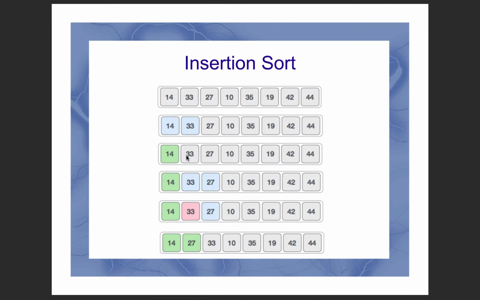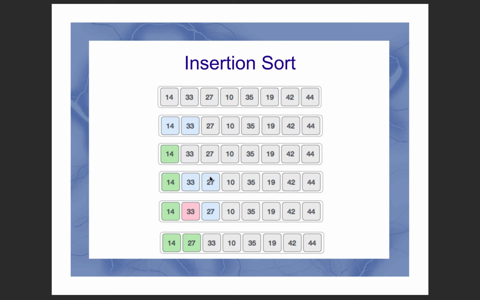Now 14 and 33 are there in the right positions. Now we take 27. What is the right position for 27? It is in between 14 and 33. This part is the sorted portion and this part is the unsorted portion.